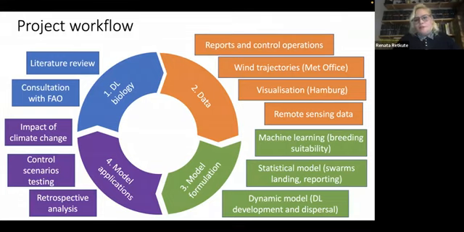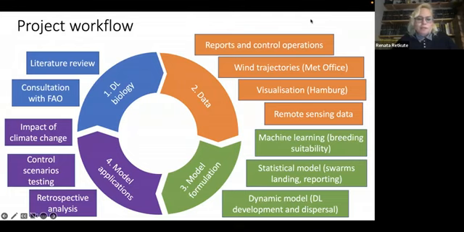Marcel Meyers from Hamburg University was interested in visualization and engagement with this information about locust flying and trajectories. My work involved a lot of looking at remote sensing. And then for modeling formulation, we looked at different aspects: for example, machine learning for breeding suitability, statistical modeling for swarms, landing and reporting, and dynamical modeling for development and displacement.